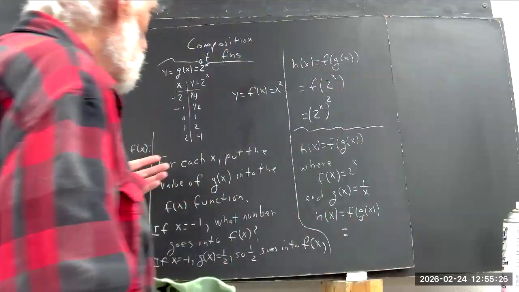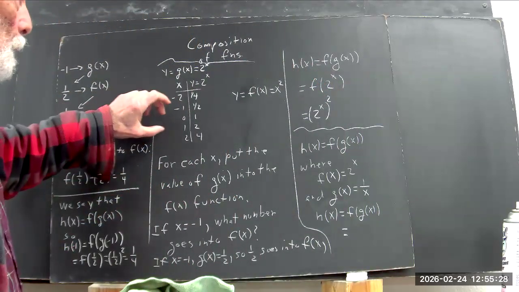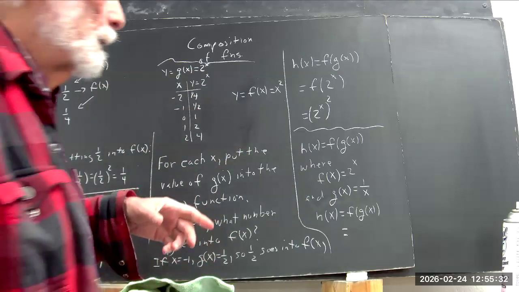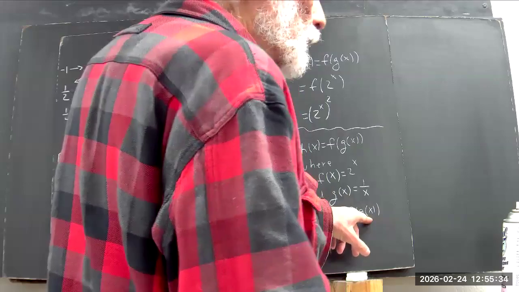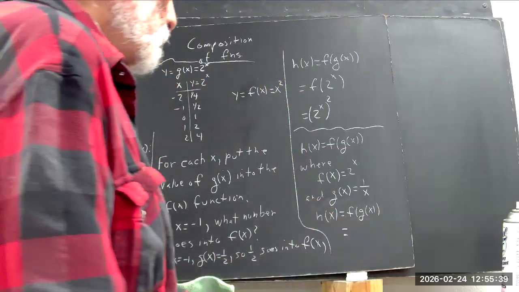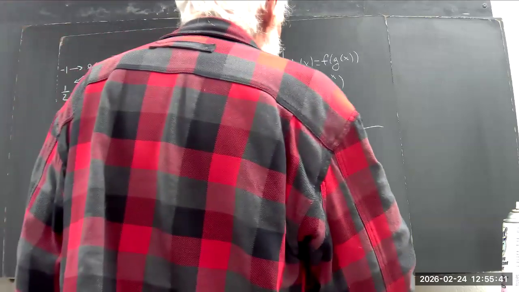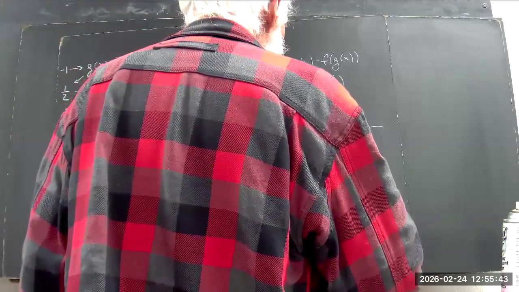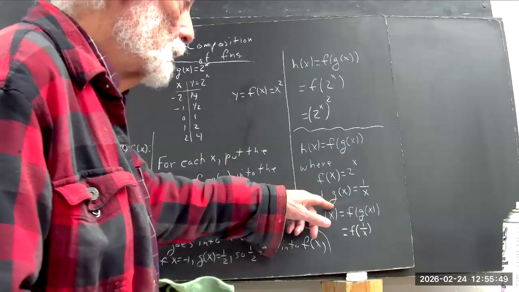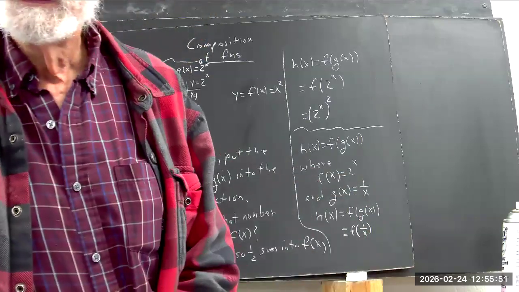But if we follow the idea here that we figure out what g of x is and then put it into the f of x function, we're going to replace g of x by its formula. So we're going to get f of 1 over x, since g of x equals 1 over x.